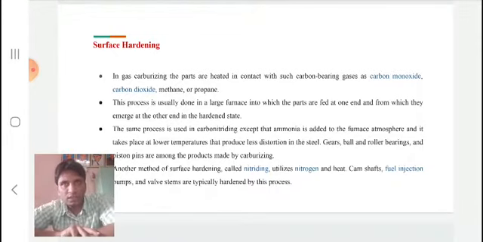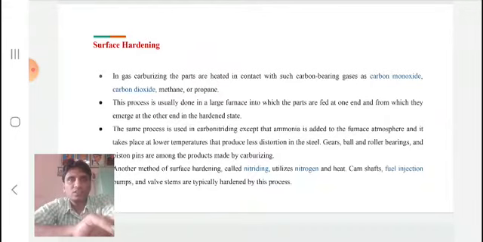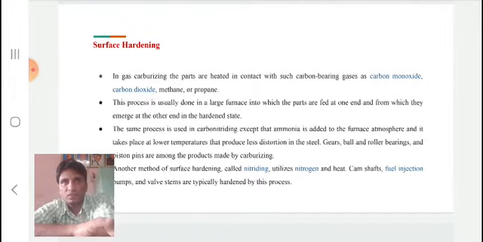So this is the technique. The oldest surface hardening method is carburizing, in which the steel is placed at high temperatures for several hours in a carbonaceous environment, and the carbon is allowed to diffuse onto the surface of the steel.